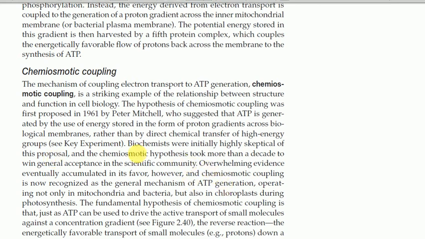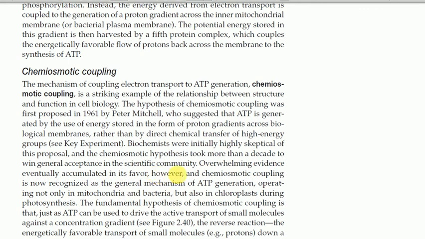Now, biochemists were initially highly skeptical of this proposal, and the chemiosmotic hypothesis took more than a decade to win general acceptance in the scientific community. Overwhelming evidence eventually accumulated in its favor.